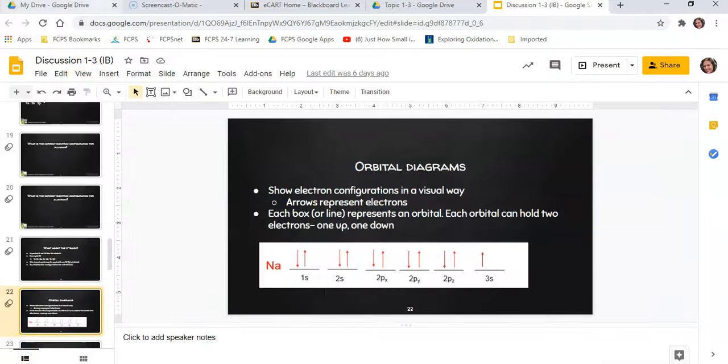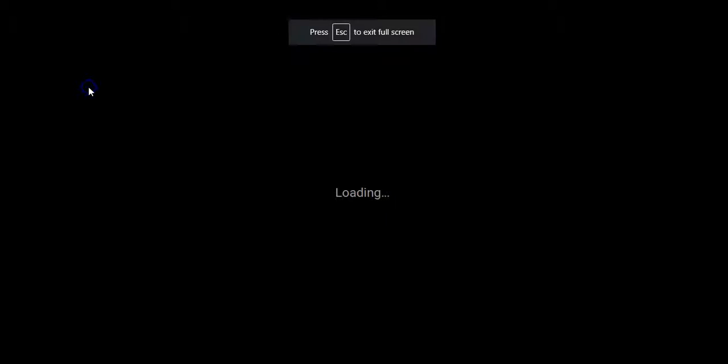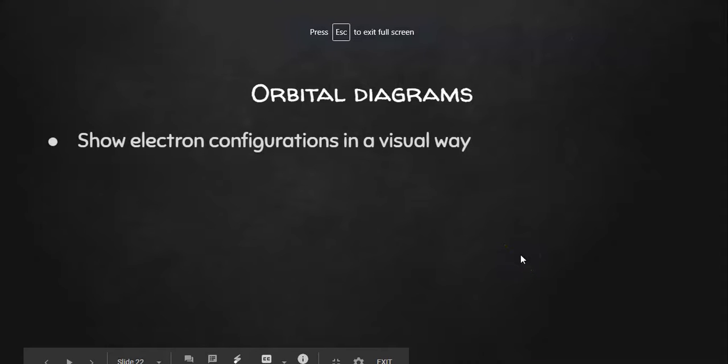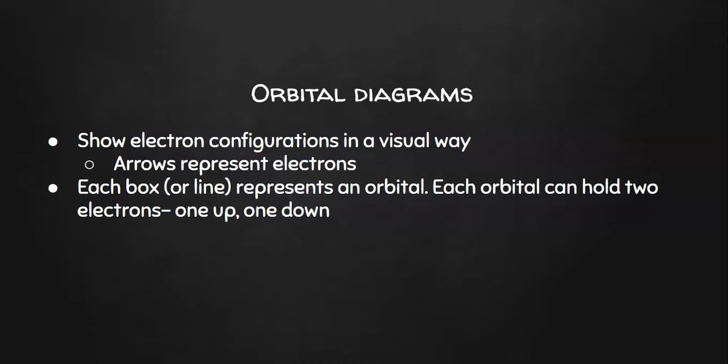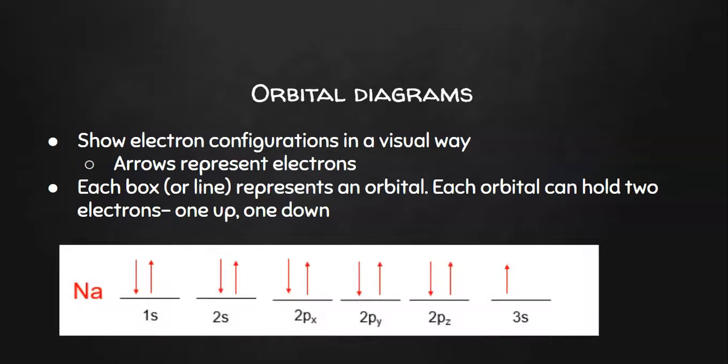All right. So let's talk about orbital diagrams. Now, orbital diagrams are used to show electron configurations in a visual way. So the arrows represent electrons, and every box or line, you can draw it either way, represents an orbital. So each orbital can hold 2 electrons, one up and one down. So this is an example for sodium. Its configuration is 1s2, 2s2, 2p6, 3s1.